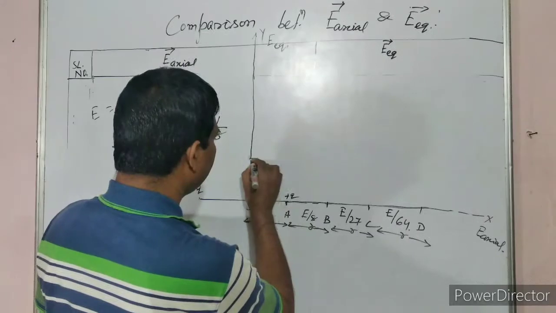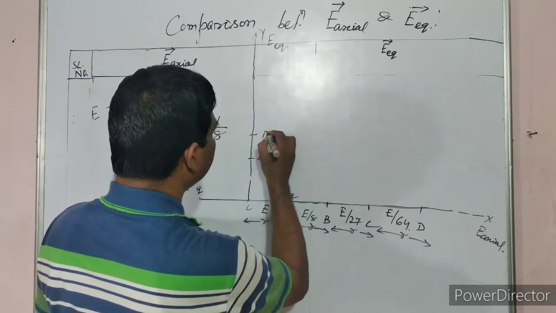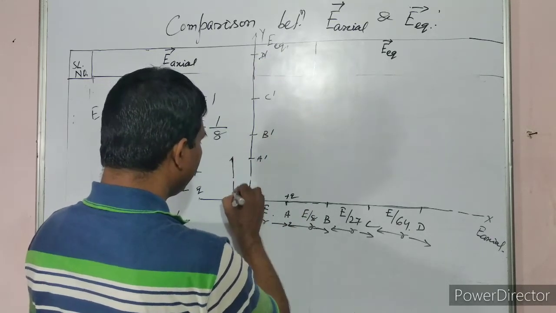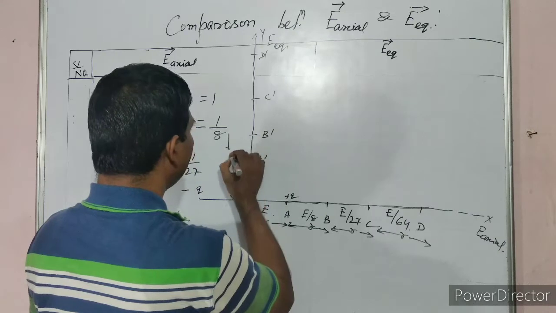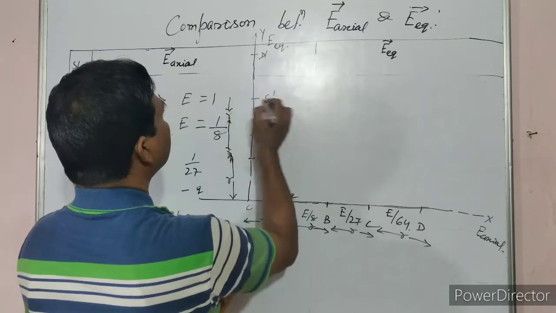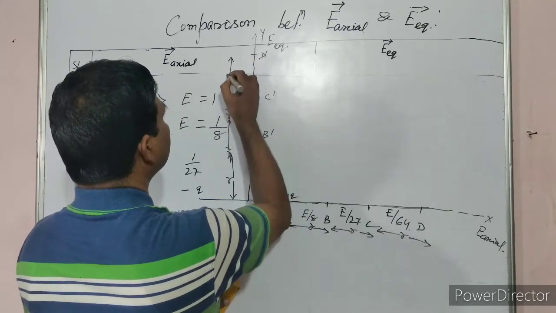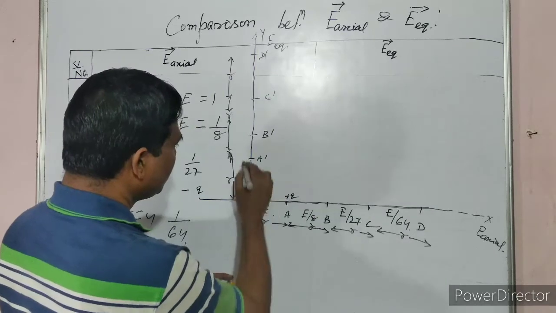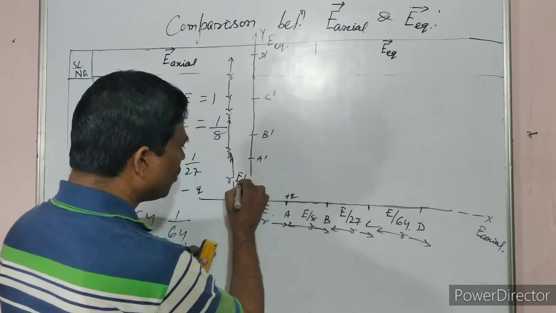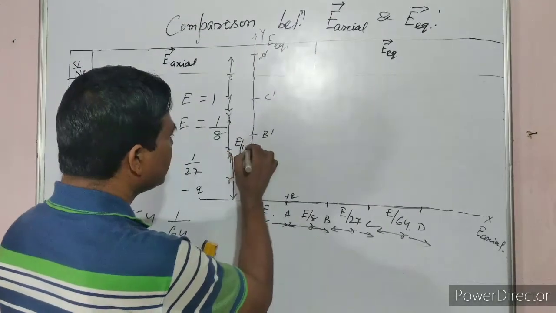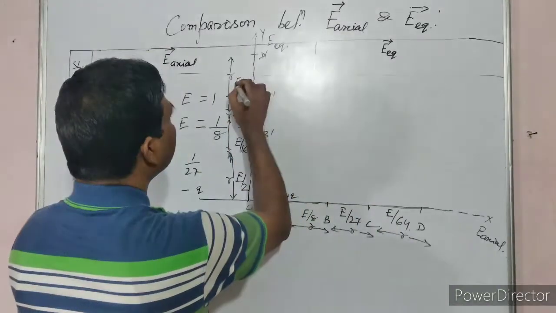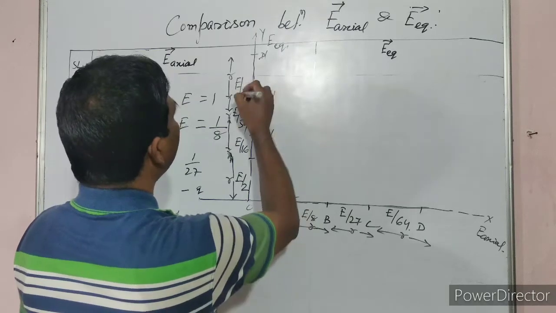Suppose you take these points as A dash, B dash, C dash, D dash. The distance is the same, so if it is R, it is also R. Up to OA it is E by 2, then E by 16, E by 54, then E by 128.